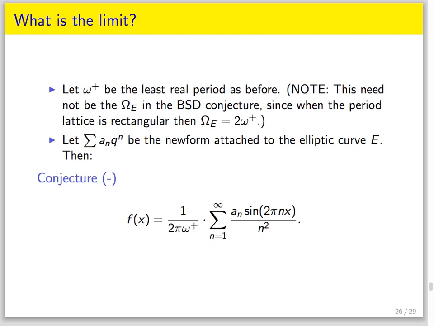And a sub n, again, is the newform. This is what that limiting function is, I think. It's 1 over 2 pi omega plus times the sum of a_n sin(2 pi n x) over n squared. So for the thing that I drew for 389a, if you compute the Fourier coefficients a sub n attached to the elliptic curve 389a, and then explicitly compute that infinite sum and plot it, you're going to get that picture.